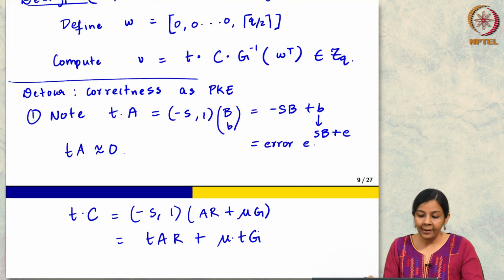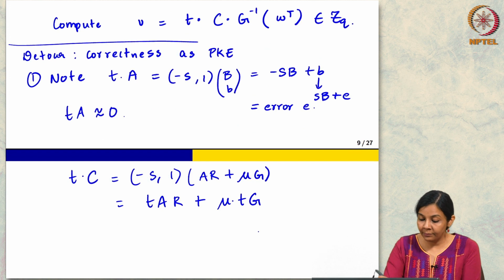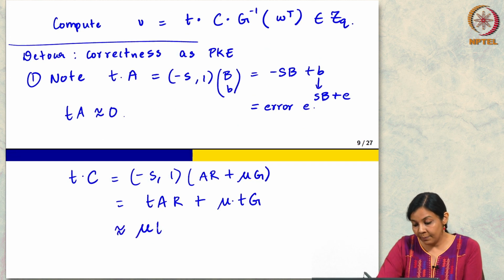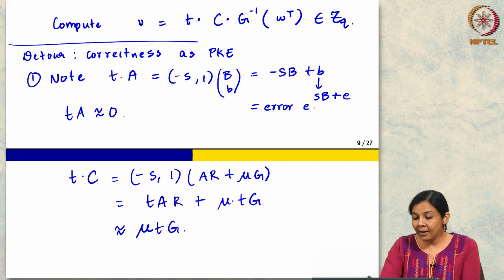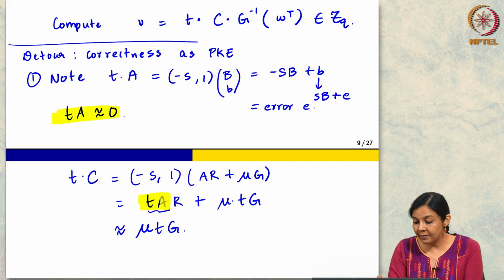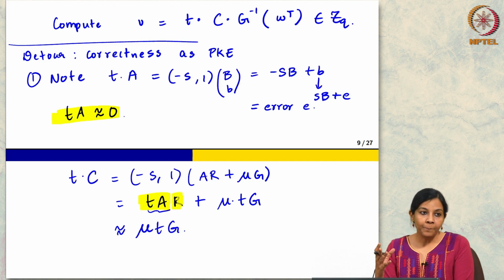So, I can write T times C as T times AR plus mu times TG. This I claim is nothing but approximately mu TG. Why is that? Because T times A is already very small, so, T times A is approximately 0 and R also was binary, remember.